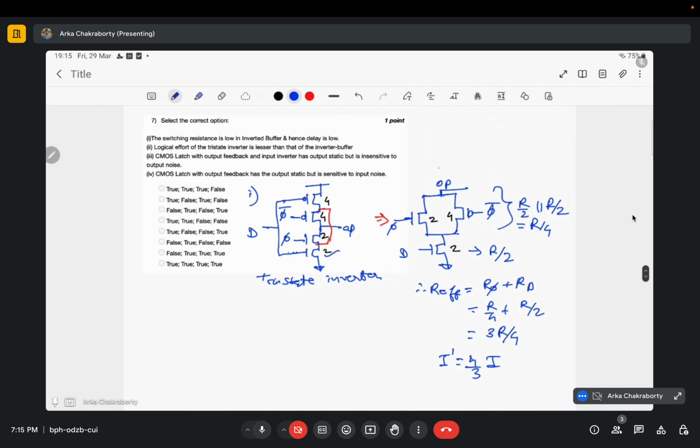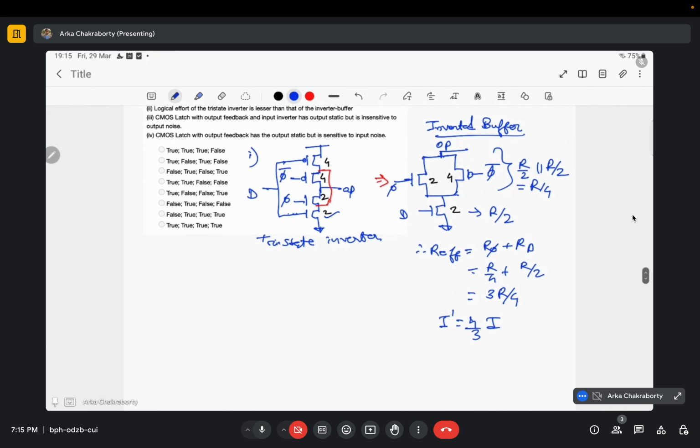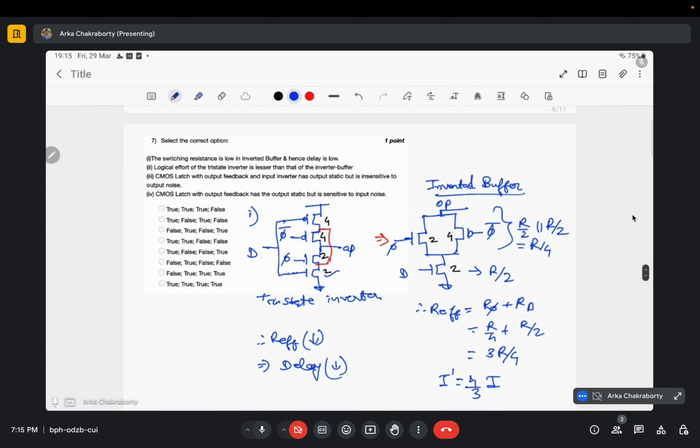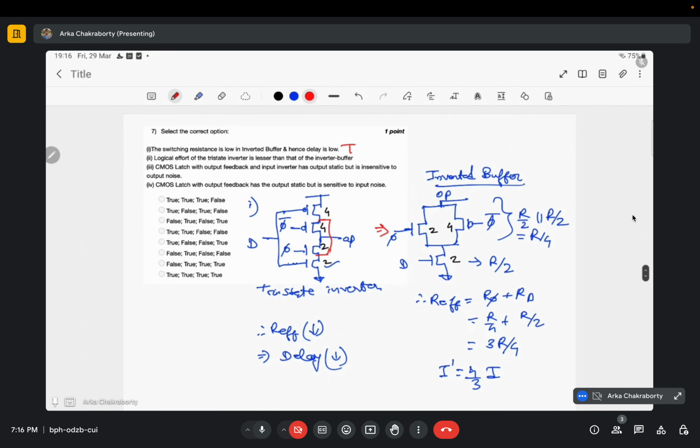This is for inverted buffer. Therefore, R effective is reducing, implies delay would be low. So the first statement that switching resistance is low in inverted buffer and hence delay is low is true. Correct.